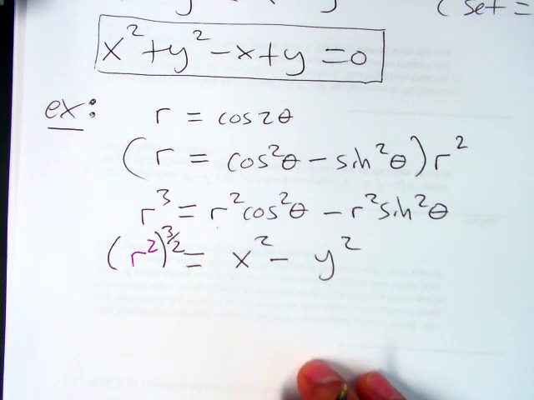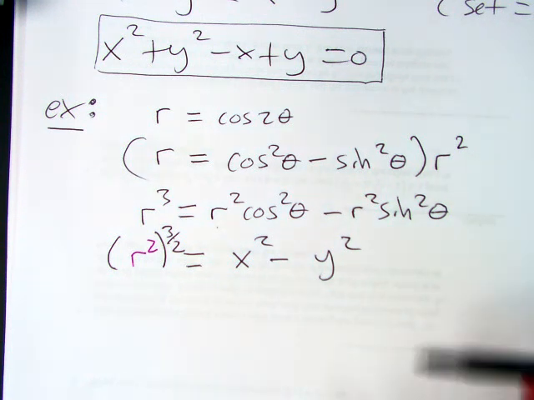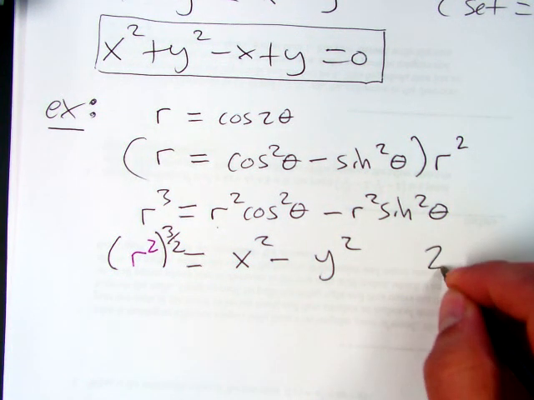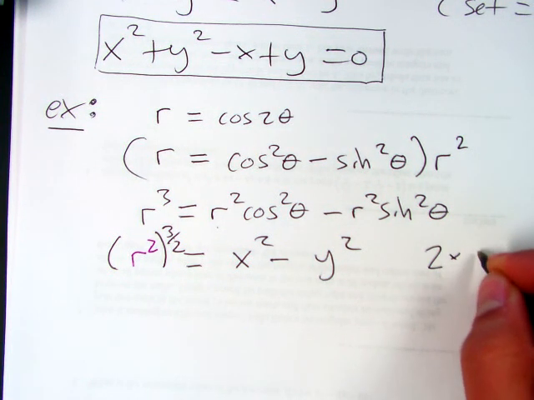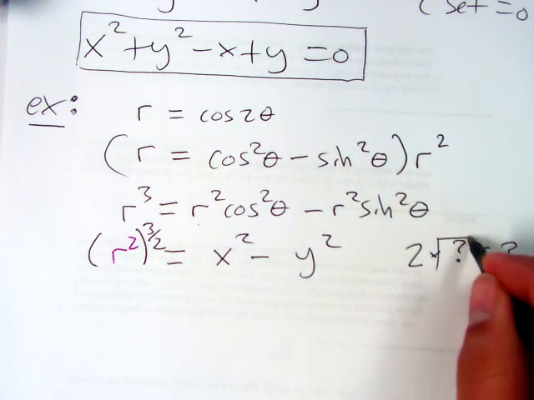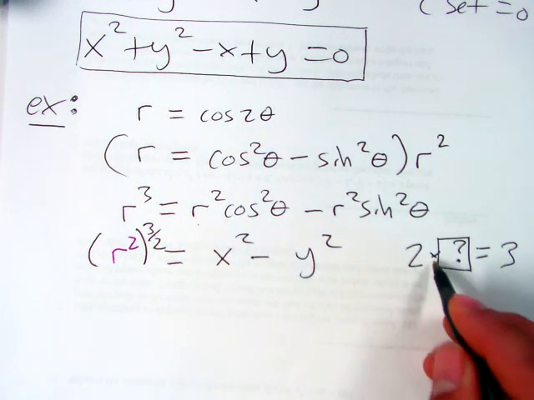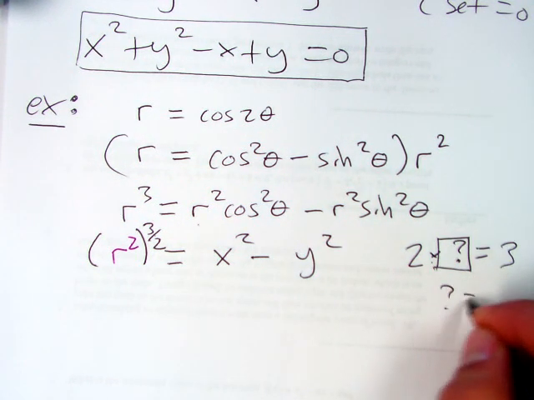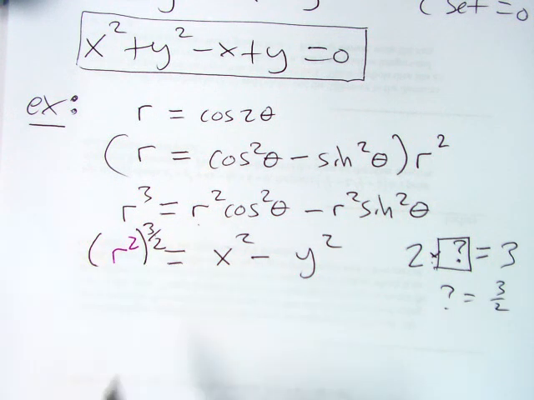You were adding. 2 plus 1 is 3. We want to multiply. Let me re-ask the question. 2 times what number equals, we wanted it to equal what? 3. How do I solve for the question mark? If I'm multiplying, divide by 2. Does that make sense? Okay.